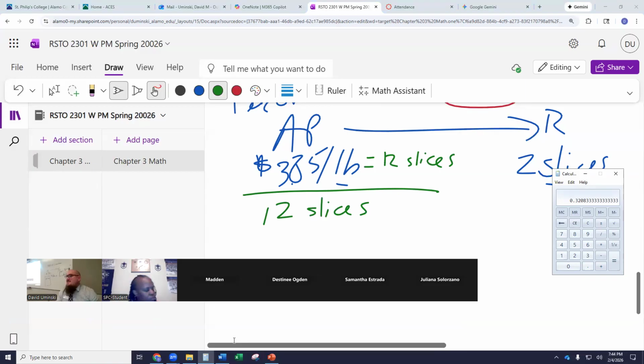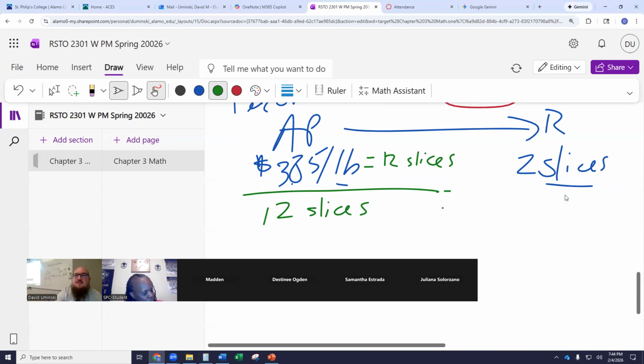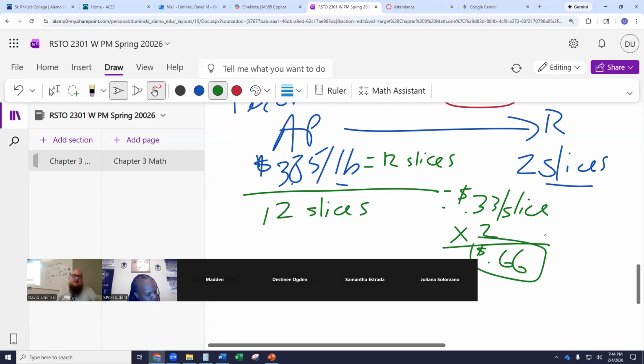See that? Even though I know normal rounding rules say if it's 4 or below, you leave it alone, we're talking about money. So that's equal to 33 cents per slice. And we're going to multiply that by 2 to get 66 cents as the cost of our bacon.